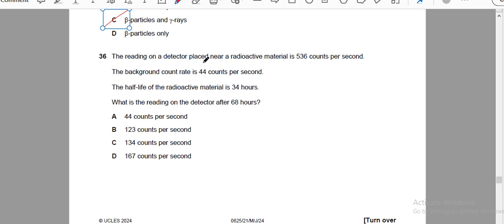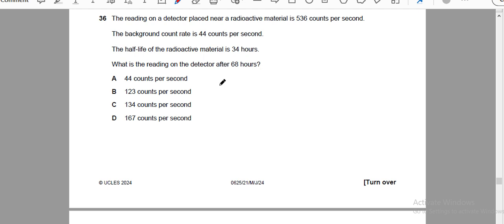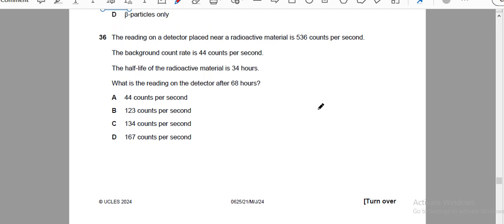Reading on detector placed near radioactive material is background, half-life is given, what is reading on detector after 68 hours. We should first correct for the background, so 536 minus 44 gives 492.